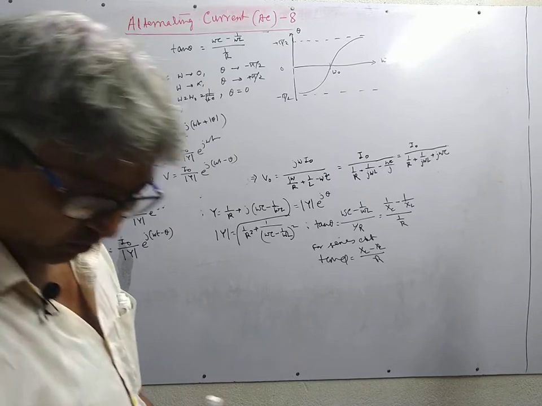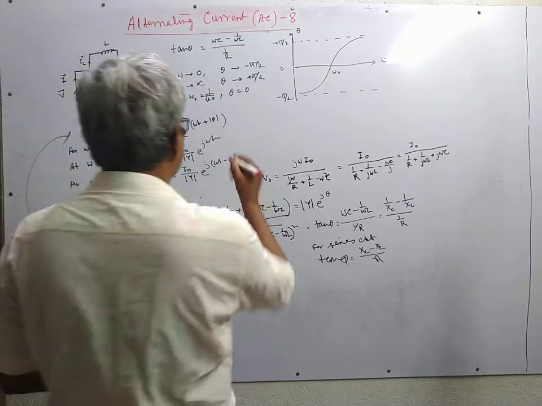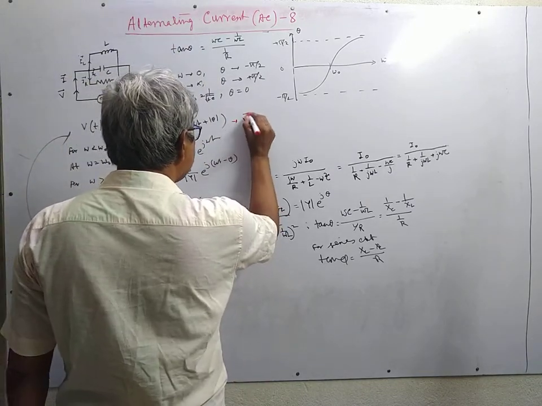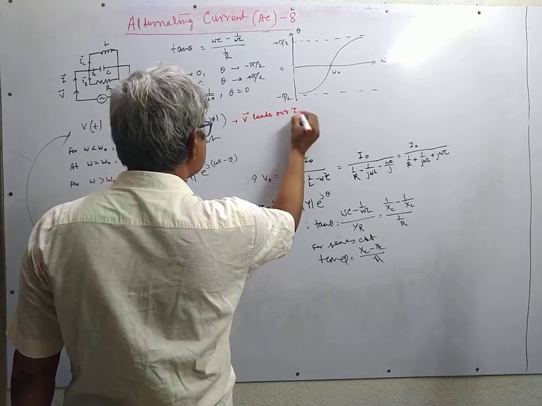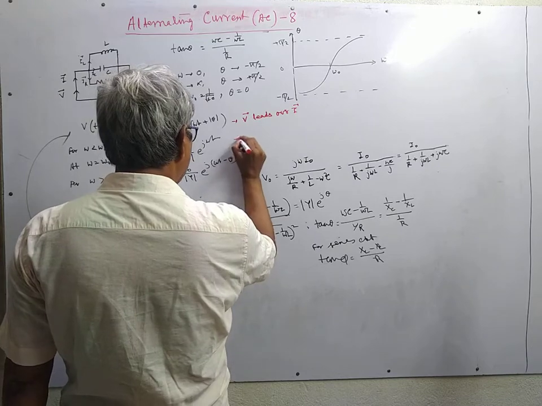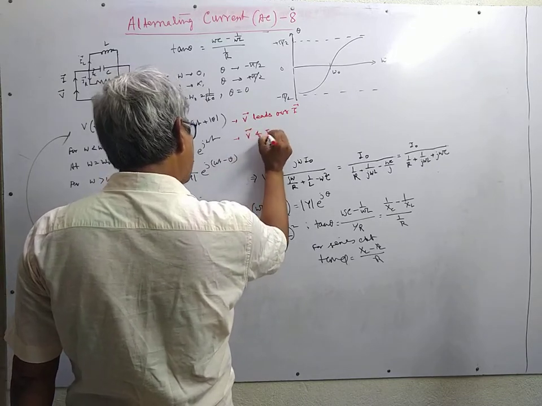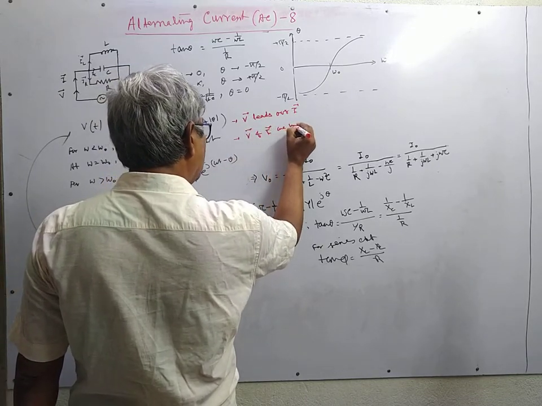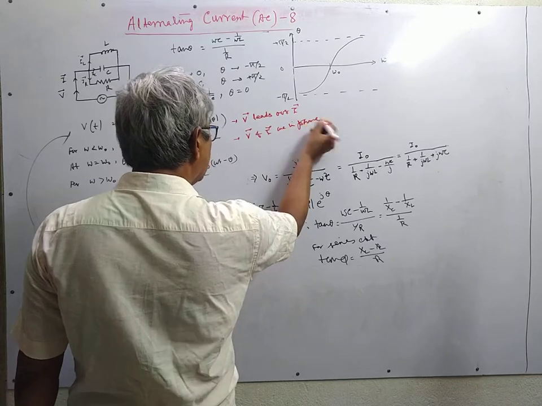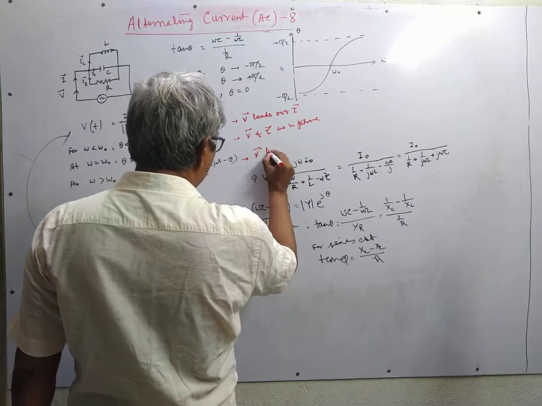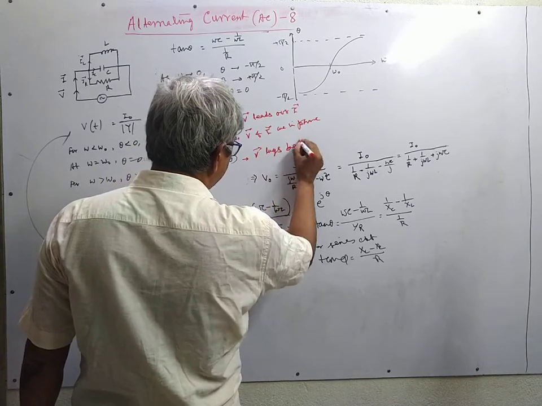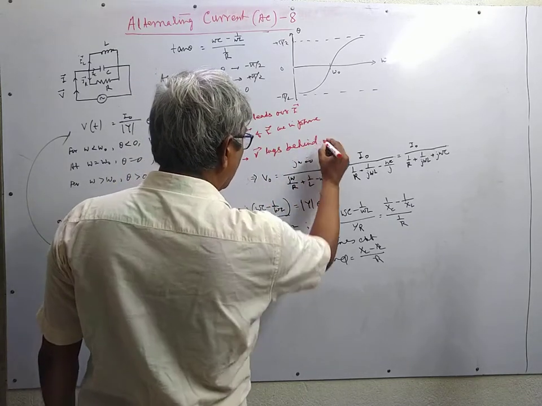So we conclude that here V leads. At omega 0, V and I are in phase, and above it V lags behind I.